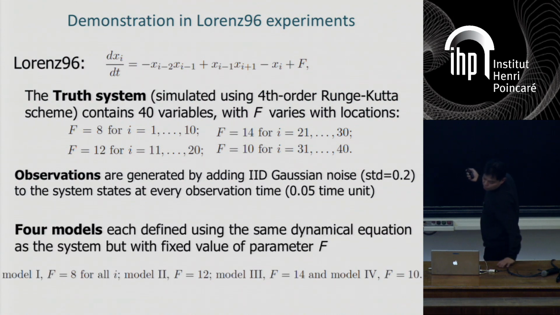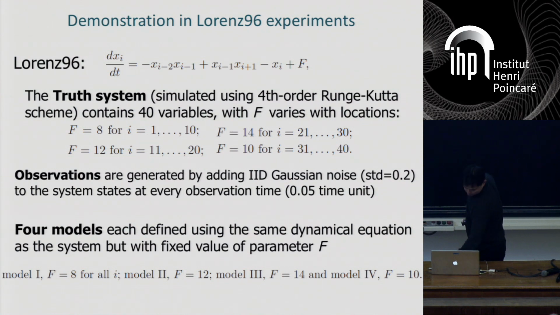And we have 4 models. These are the true systems we generate observations from, and we pretend we don't know the true system. The 4 models each have their own F fixed, but they are only right at one particular quarter. So model A is F equal to 8 at all times, and model B is F equal to 12, and so on.